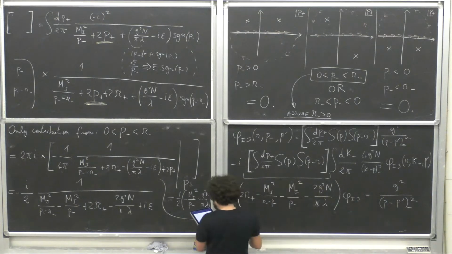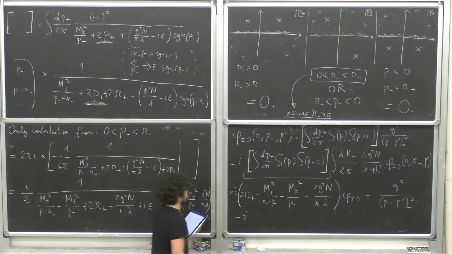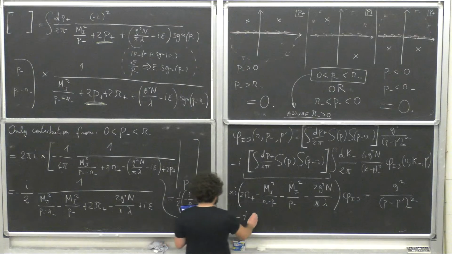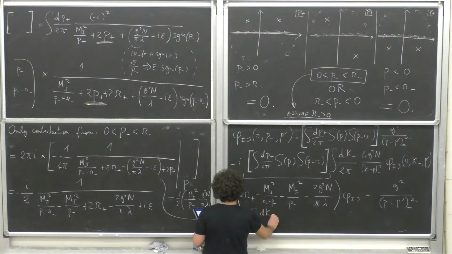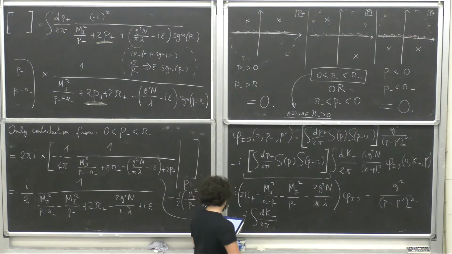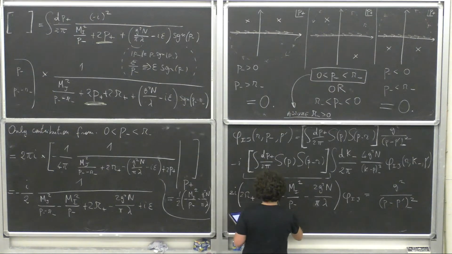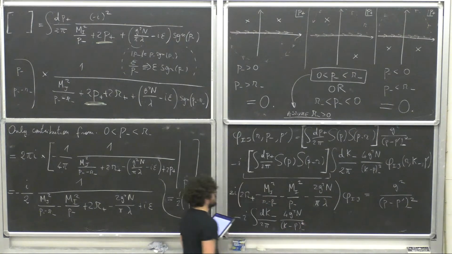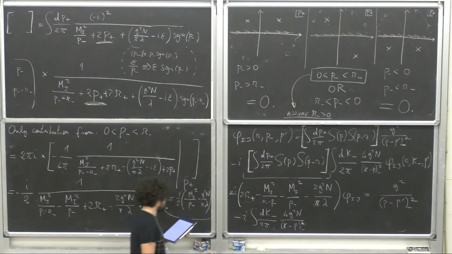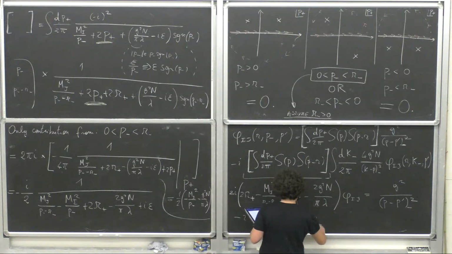And then we have just one integral. The integral, okay, over our of our phi ij.